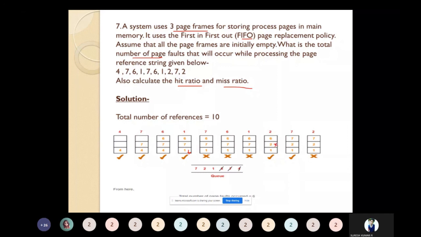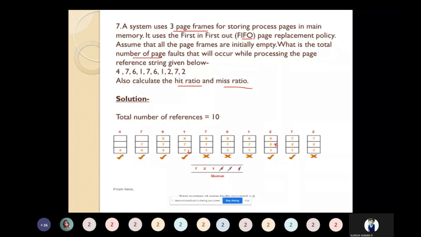Instead of 7, I am filling 2 here. Next 7 comes, and since 6 was filled earliest, 7 is filled in the place of 6. The next page is 2; 2 is already present, so there is no need to fill it.